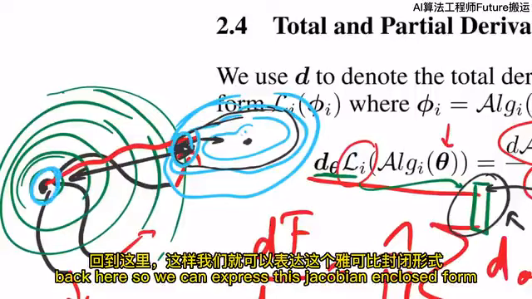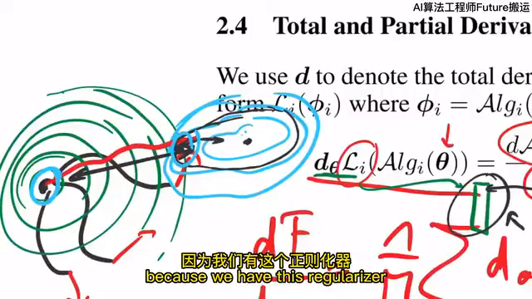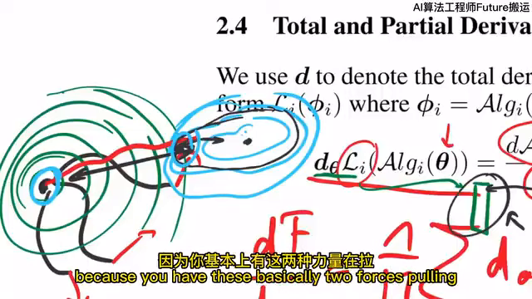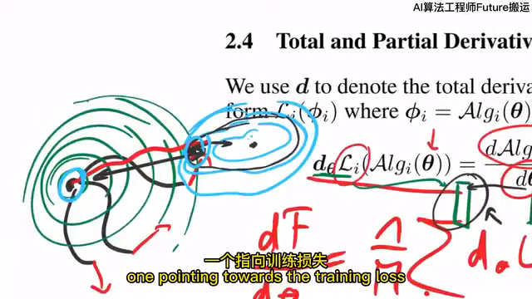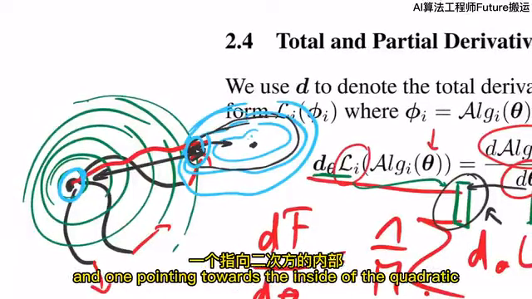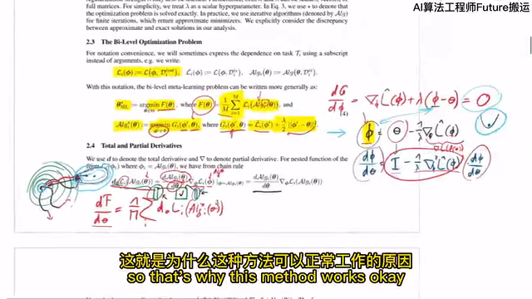So we can express this Jacobian in closed form because this is a quadratic, because we have this regularizer, because you have these basically two forces pulling on this point in opposite direction, one pointing towards the training loss and one pointing towards the inside of the quadratic. So that's why this method works.